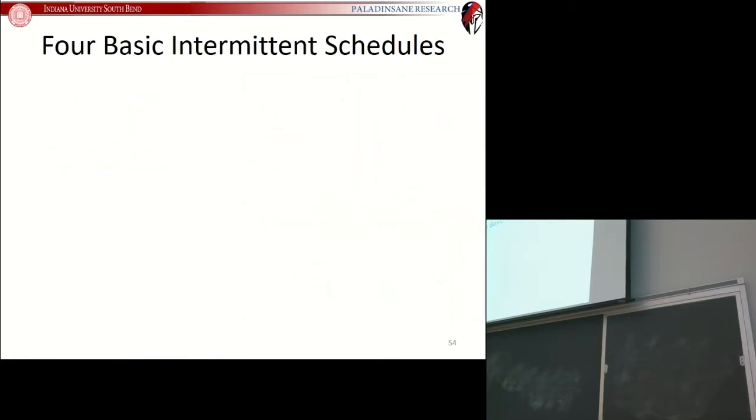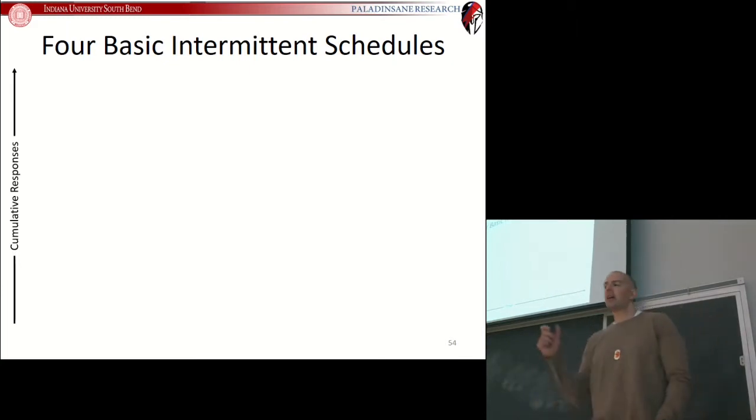All right. So we're going to take a look at our cumulative recorder. So here we have our cumulative responses. This, again, increases for every single response. The line gets higher and higher for every single response. A very steep line means that the responses are coming fast and furious. A very shallow line means that the responses are coming in very slow.